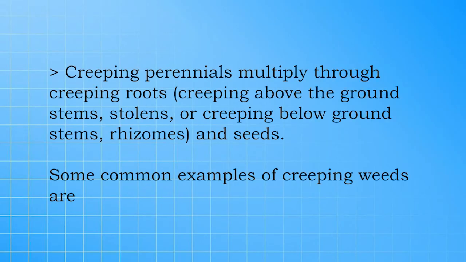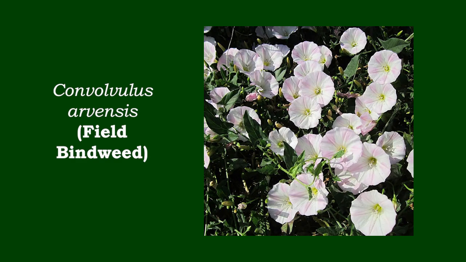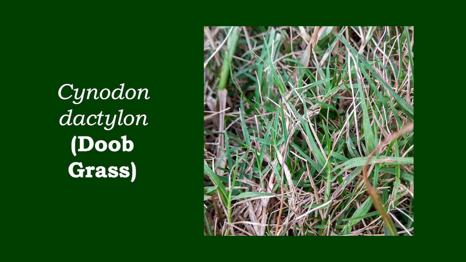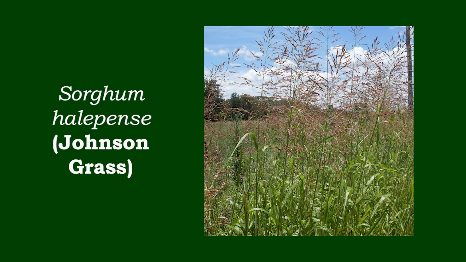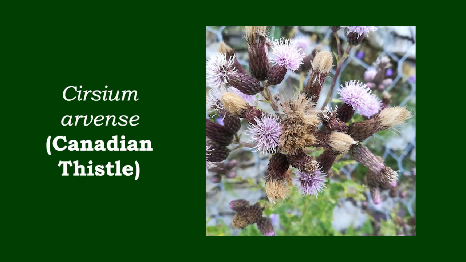The creeping perennials multiply through creeping roots, that is, creeping above-ground stems, stolons, or creeping below-ground stems like rhizomes, and also by seeds. Some common examples of creeping weeds are Convolvulus arvensis, that is, field bindweed, Cynodon dactylon, doob grass, Sorghum halepense, that is, Johnson grass, and Cirsium arvense, that is, Canadian thistle.